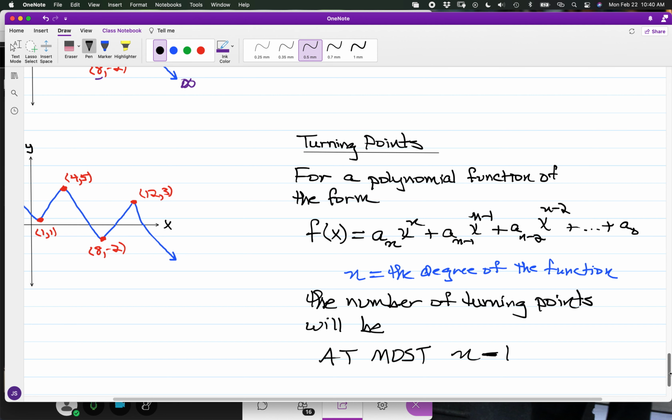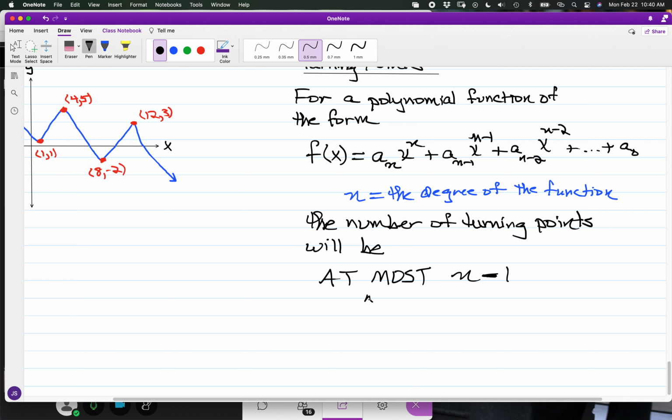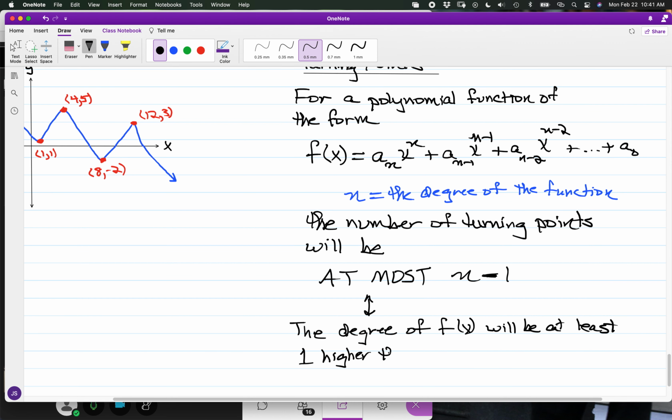Okay, and another way of phrasing this is that the degree of f of x will be at least 1 higher than the number of turning points.